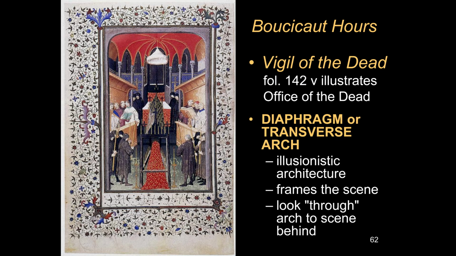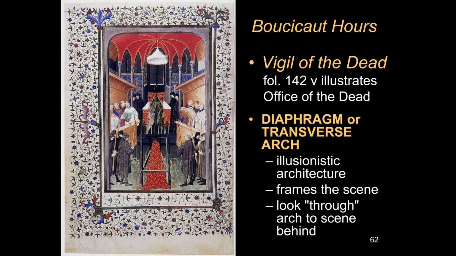Now, one other thing that you should notice about this is right at the edge of the scene, there is a gray stone arch. It's almost like a frame within a frame, except it's not as wide at the bottom, because this is an example of illusionistic architecture.